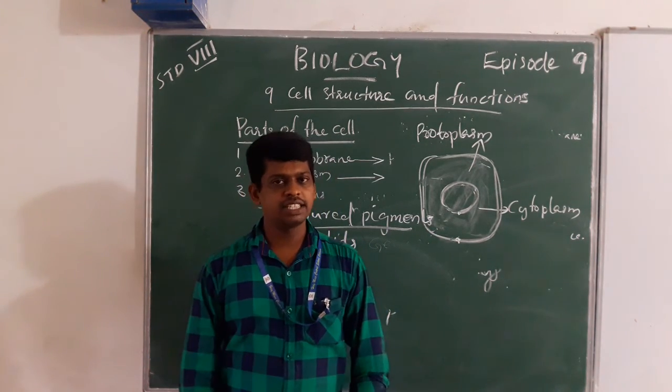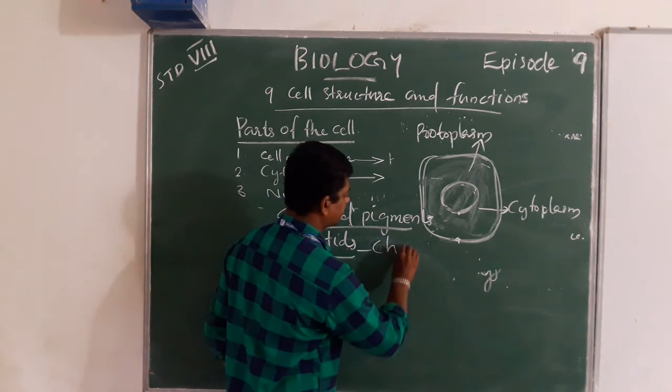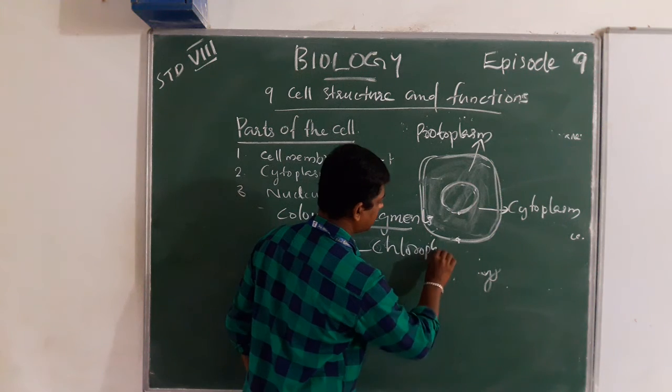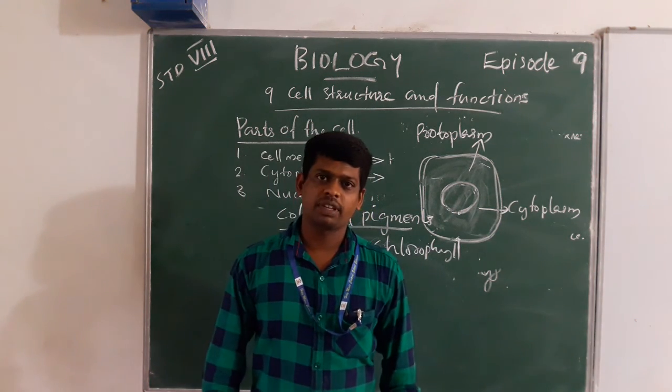Most of the plastids are green in color. That is known as chlorophyll, which is greenish in color.